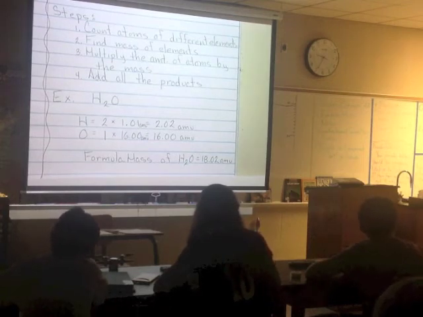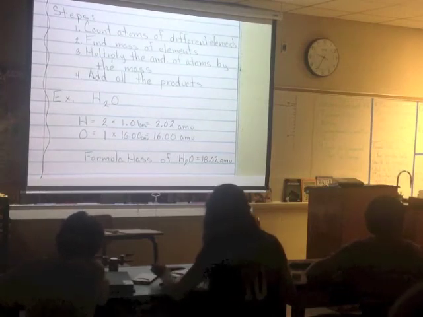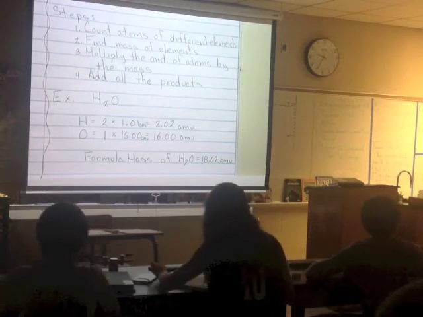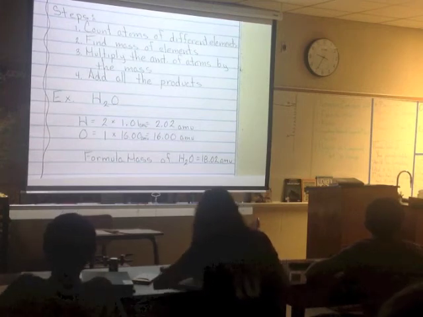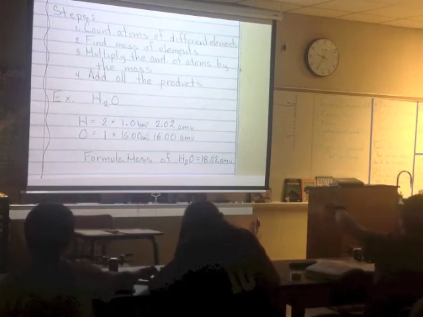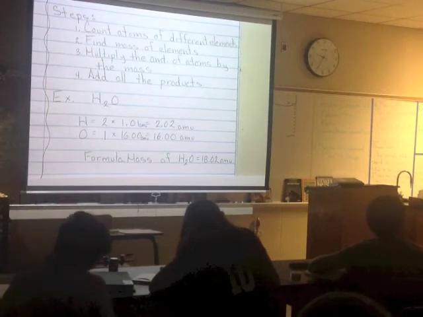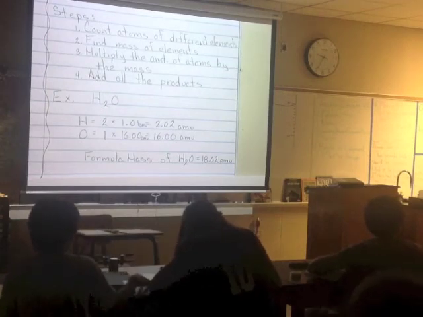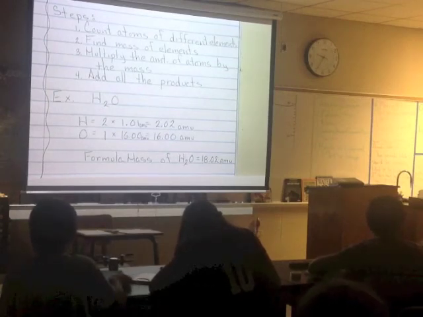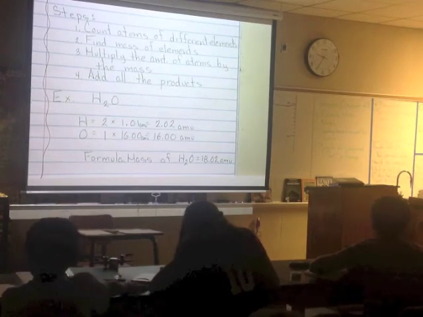Yes? I don't know where you get 1.01. From the atomic mass on the periodic table. It's not 1.5, because it's 1.008. So I rounded to 1.01. You want to do it to the nearest hundredth place, because you want to be as accurate as possible.